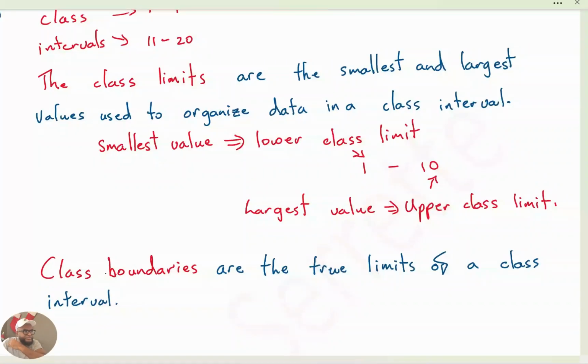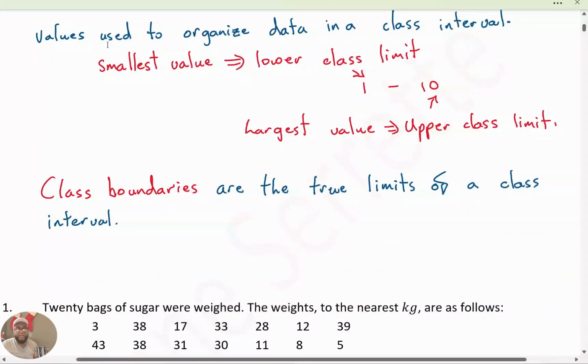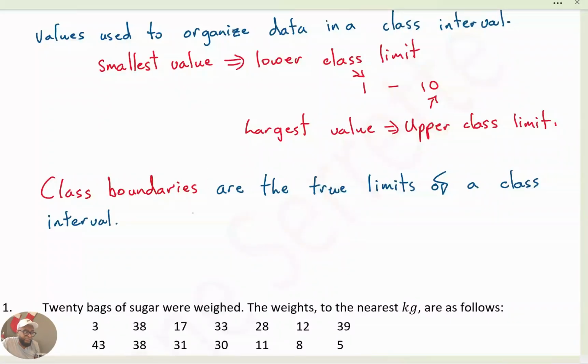They remove gaps, right? So these class boundaries remove gaps between consecutive classes and are used especially for continuous data. So what we deal with in CXC, I call class boundaries the 0.5s, right?